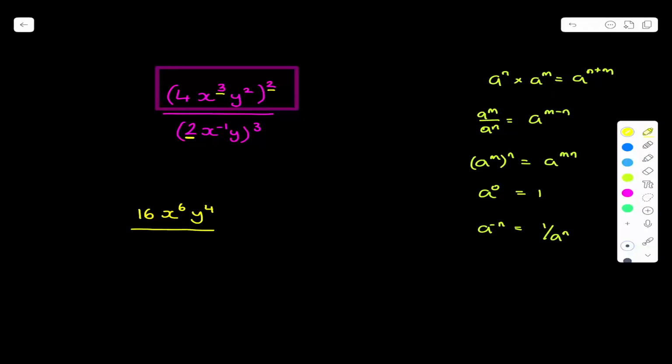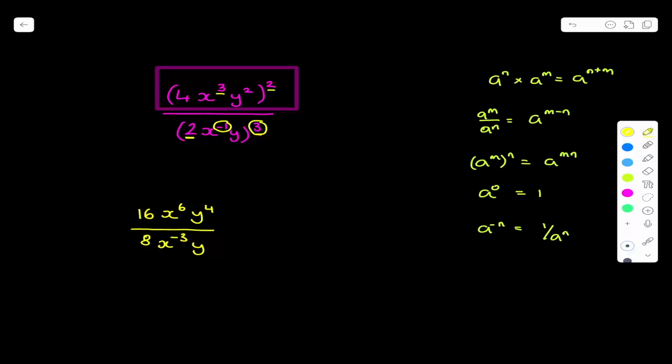So firstly, we need to work out what 2 cubed is. 2 times 2 times 2. So 2 times 2 is 4. Multiply that by 2 again, you get 8. And then same with the next element. So we're going to do 1 times negative 1 times 3, which is negative 3.